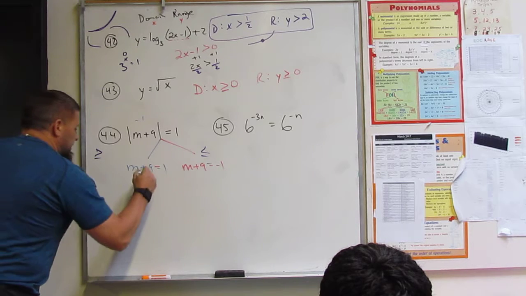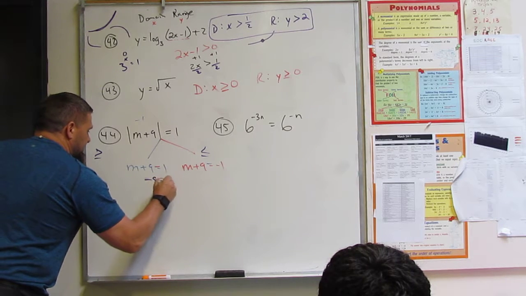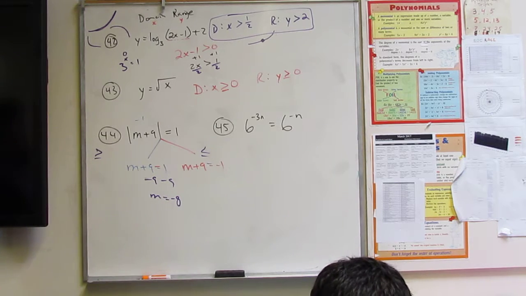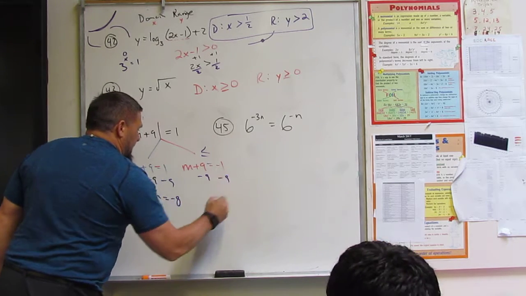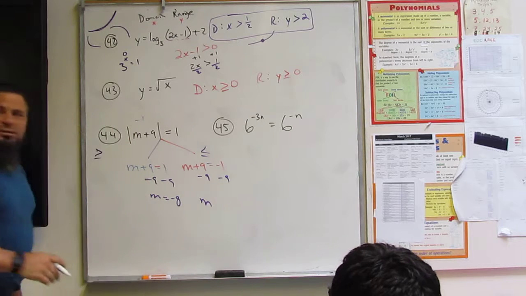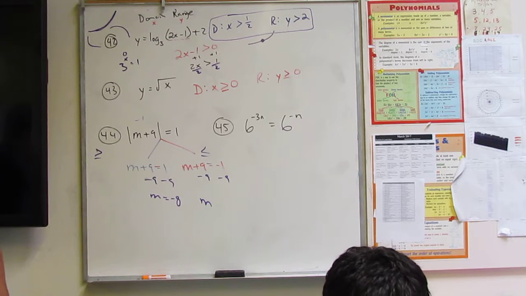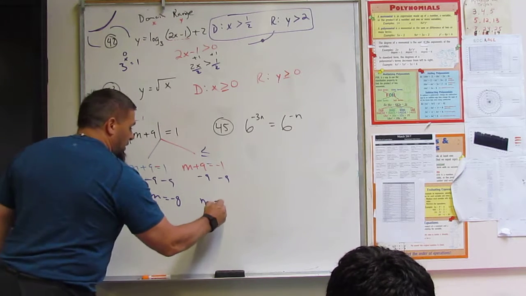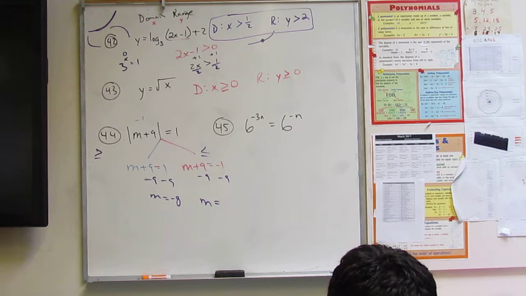All right. So then I subtract 9. I get m is negative 8. No, not negative 9. Closer. Negative 1 minus 9.